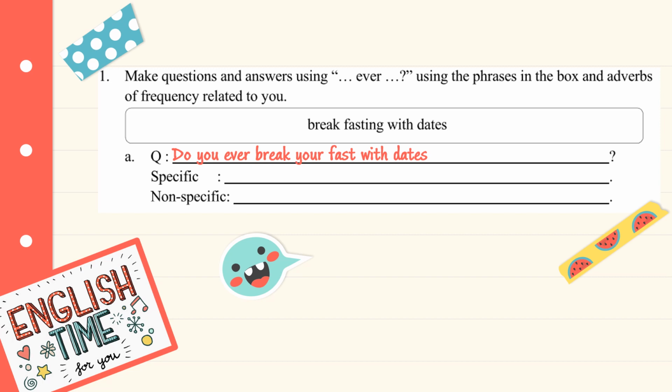Do you ever break your fast with dates? And how do you answer that using specific adverbs of frequency? Like this. Yes, I break my fast with dates daily. It means every day. Okay. For a non-specific one, you say, yes, I always break my fast with dates. Can you see the difference?